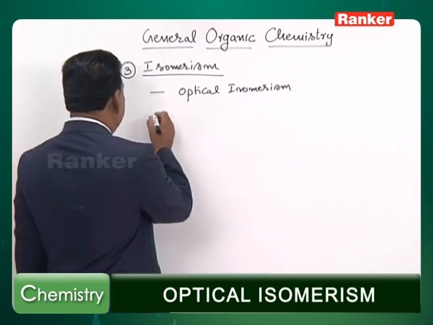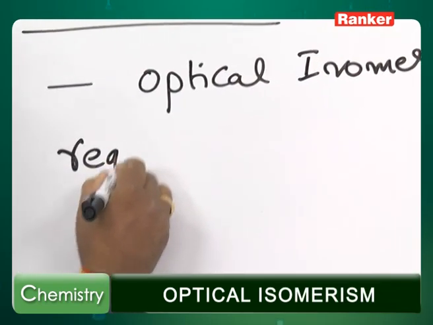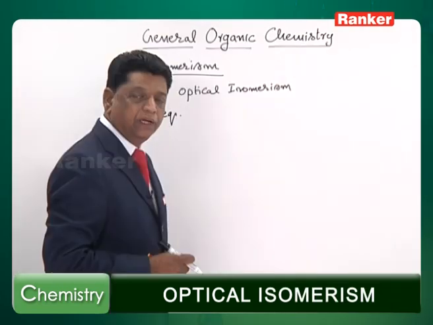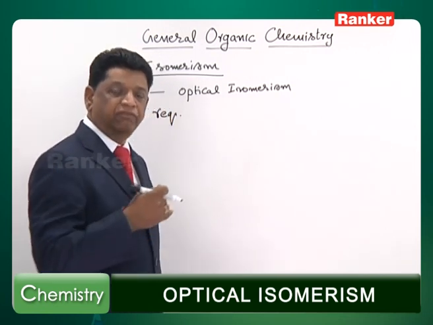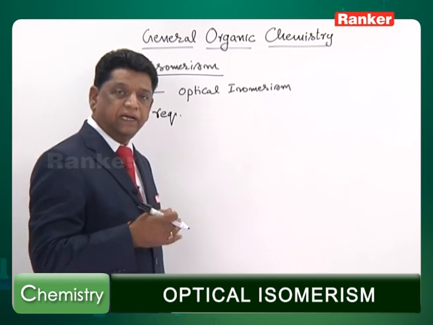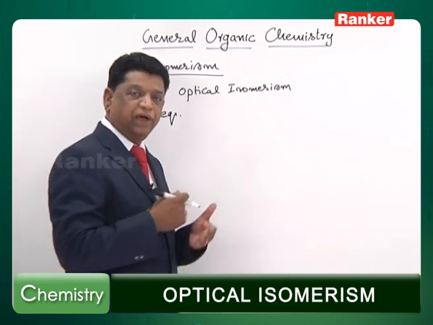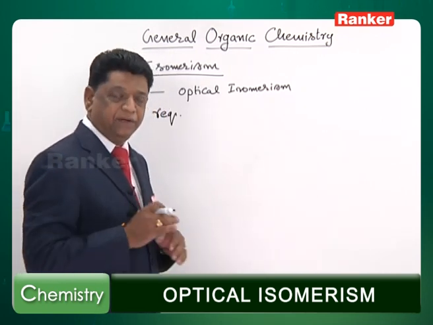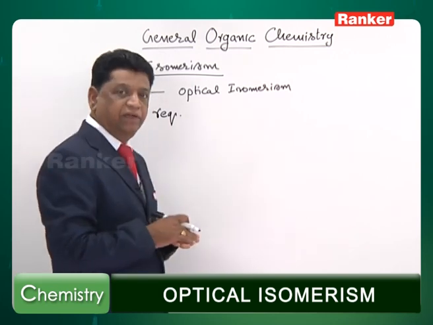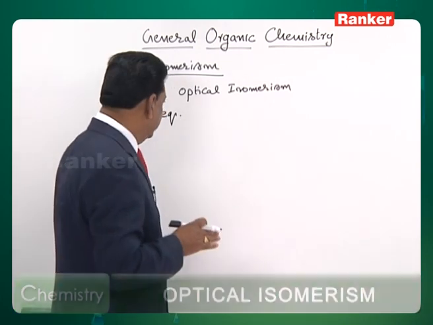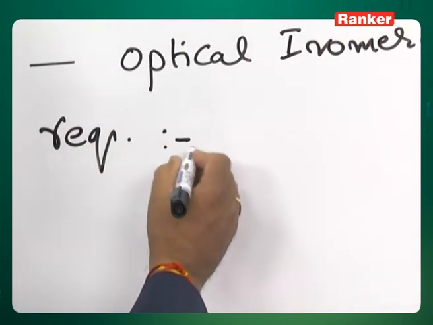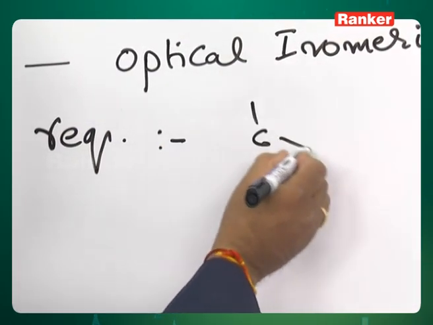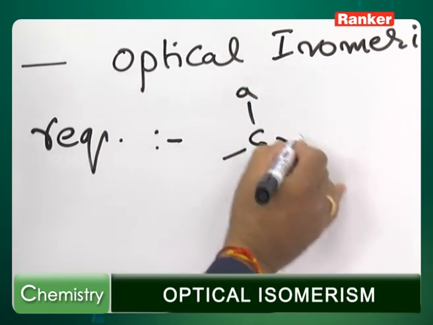So, when we get this type of optical isomerism, the requirement you can define as you go on understanding more and more. The requirement may be slightly changed, but at a fundamental level, at level 1, let us say there is a carbon with 4 different groups.